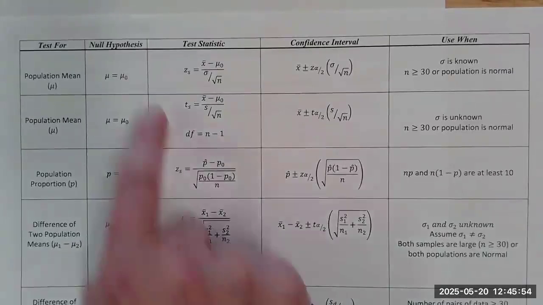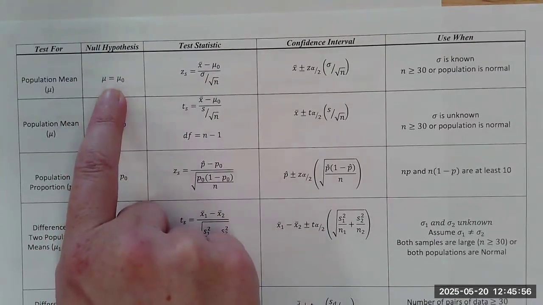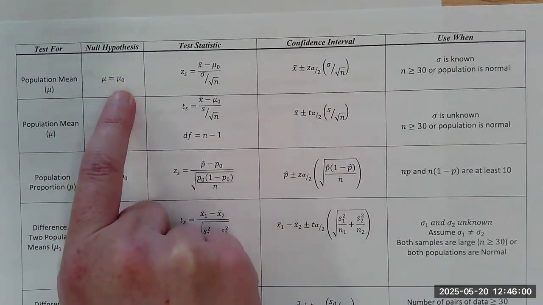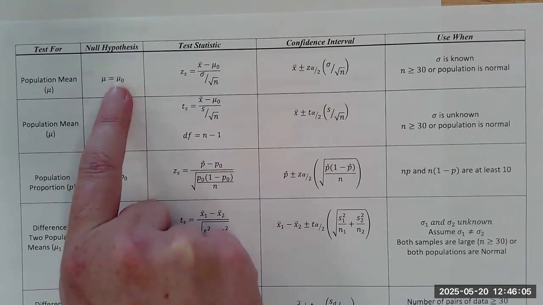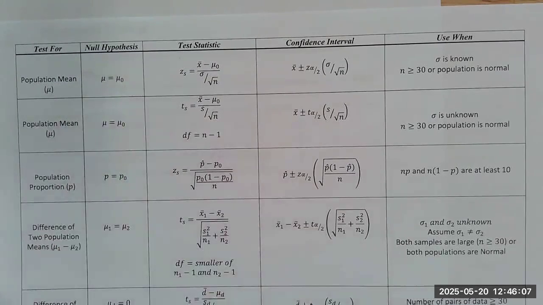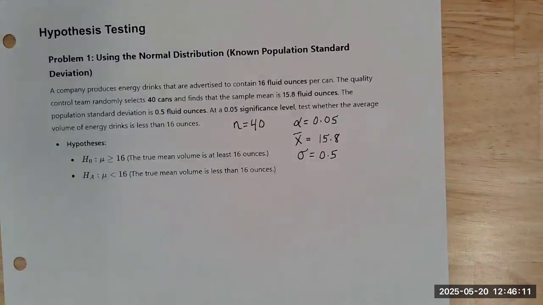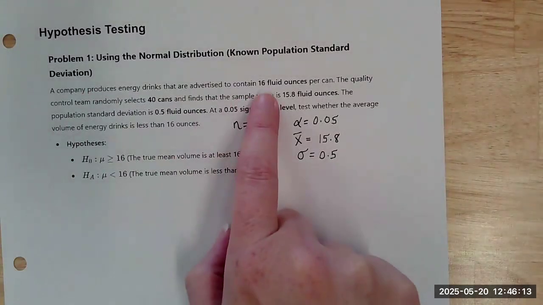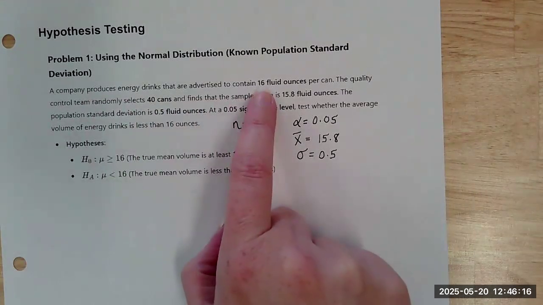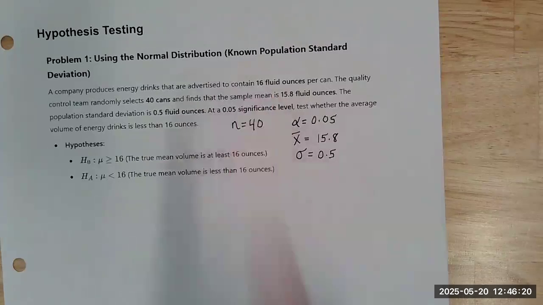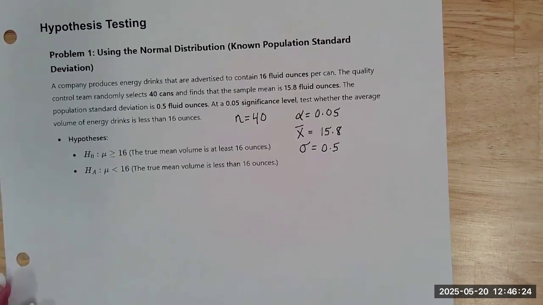So for the hypothesis test, we got a null hypothesis written here for us that mu is equal to mu naught. What does that mean? That means that whatever they're telling you the amount is, that we believe to be true. So the company says it has 16 fluid ounces per can, that's going to be our mu naught. So we're going to set up a null hypothesis.